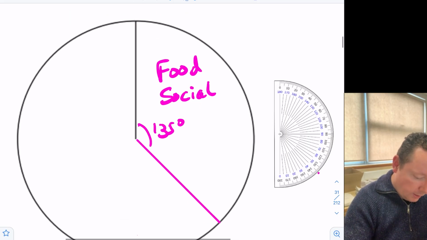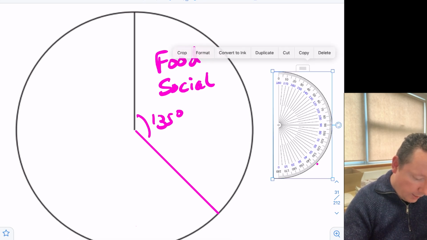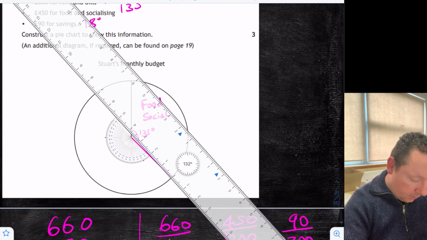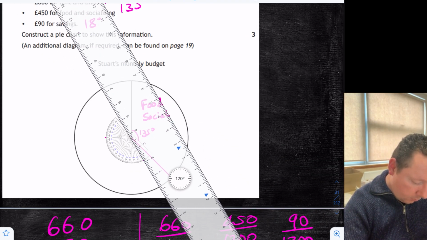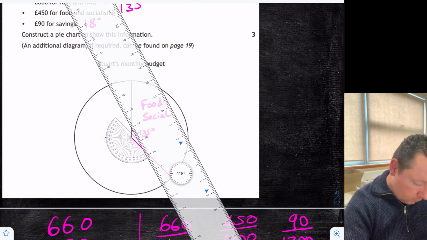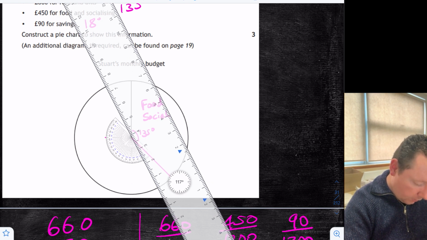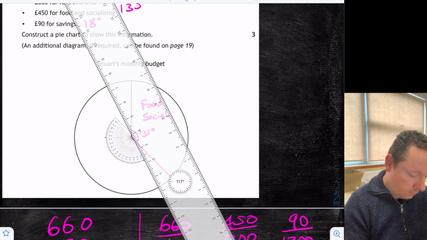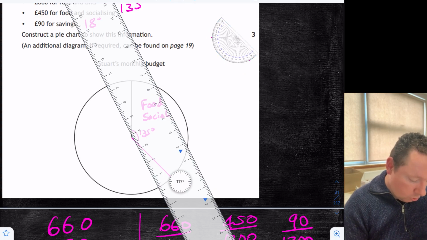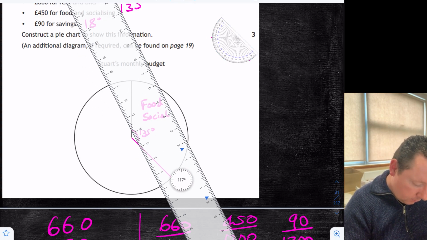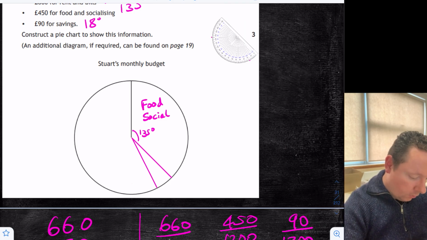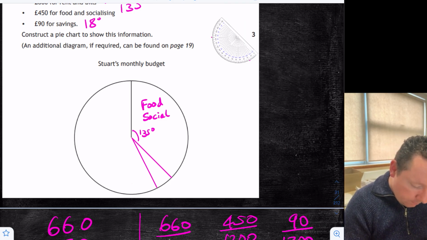So our next one is 18 degrees, so we need to line my ruler up nice and neatly from the middle to the outside, through that new dot, getting rid of my protractor, and just drawing a nice neat line to the outside. So now we know that that is our savings.